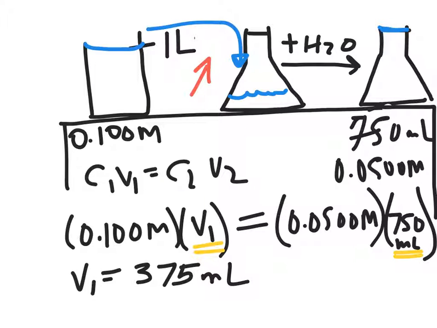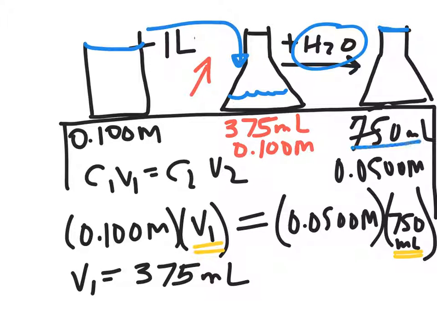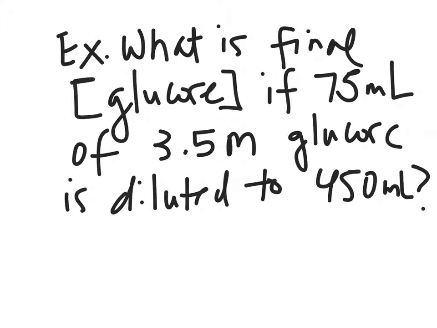That means we need to take 375 mLs of our 0.1 molar stock solution, transfer it to a new beaker or flask, add additional water to a total volume of 750 mLs, and once we do that, our new solution will be 0.0500 molar.